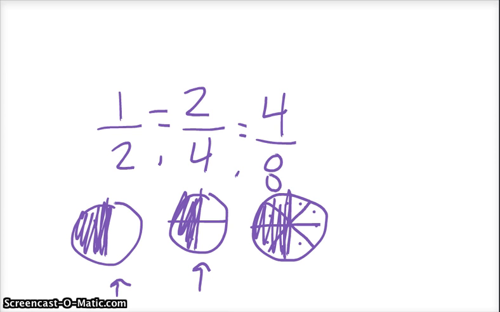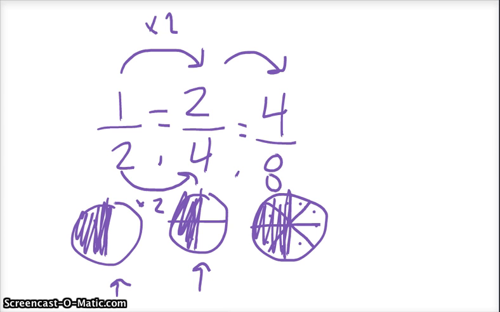Another pattern that I see within these numbers is that I'm taking 1 times 2 to get 2. I'm also taking 2 times 2 to get 4, and then 4 times 2 to get 8. So I think that we just came up with a new rule.